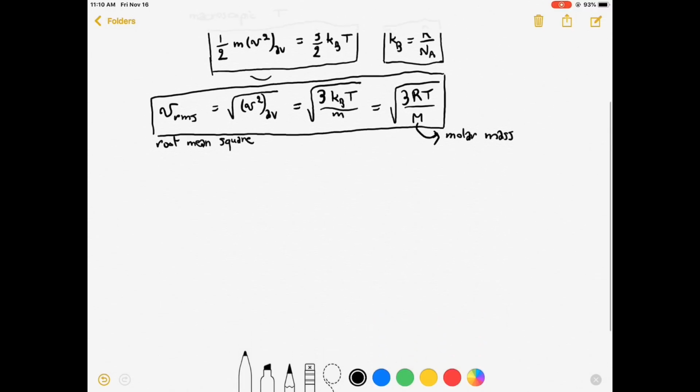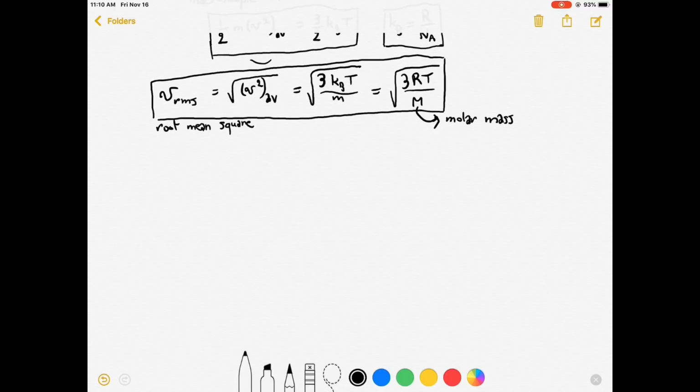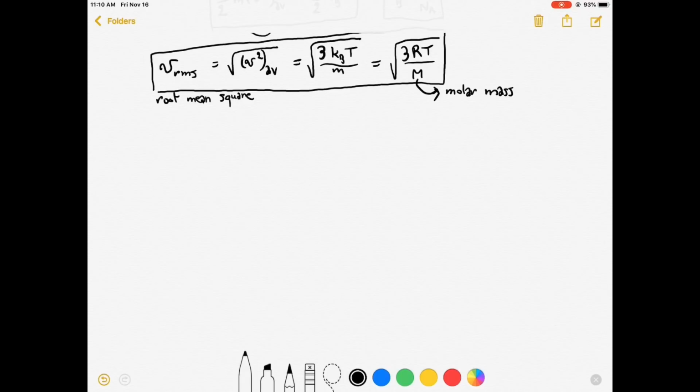We can do a couple of questions to illustrate this. Question: let's say that you have two ideal gases at the same temperature, but the molar mass of the molecules in gas number 1 is larger than the molar mass of the molecules in gas number 2. What about the RMS speed?